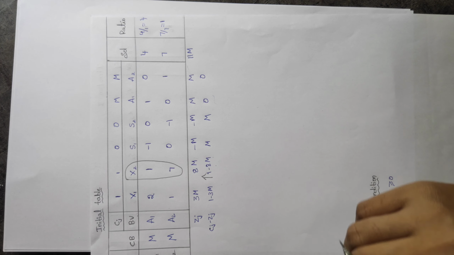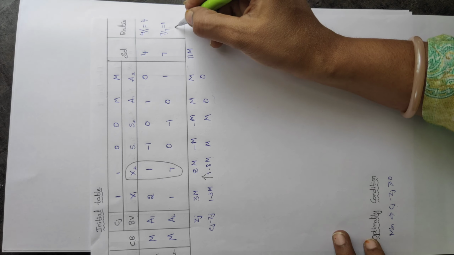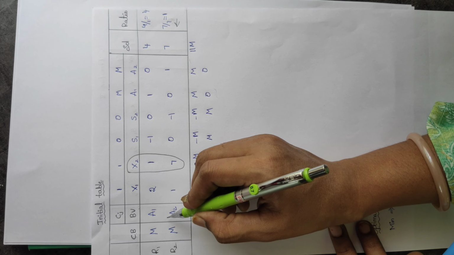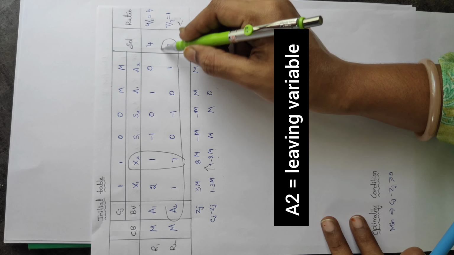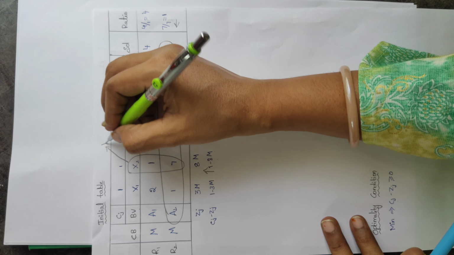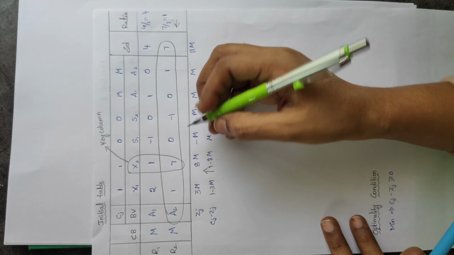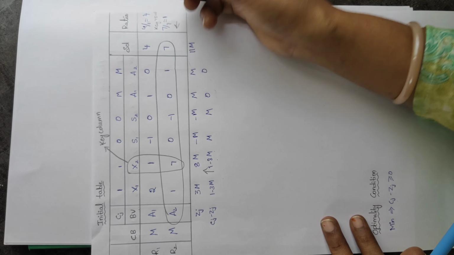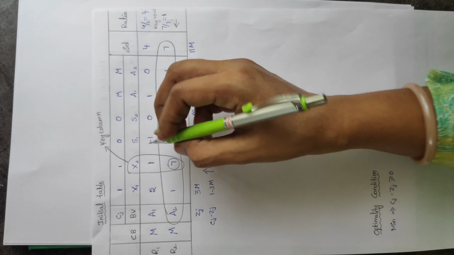Here the least positive value is 1. This is the key row, this is the key column, and the intersection point is called the key element.